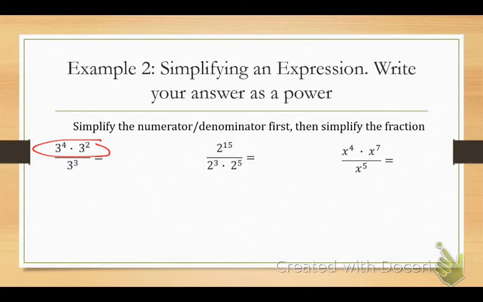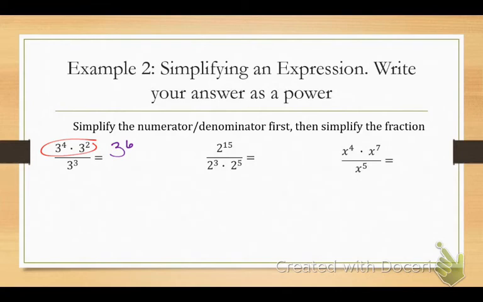Oh, I know. 3 to the 6th. Yes, 3 to the 6th power. Okay, 3 to the 6th power, because I'm multiplying powers with the same base. Because this is multiplication, I would add my exponents. Do you see that? Because it was multiplication? Yeah.